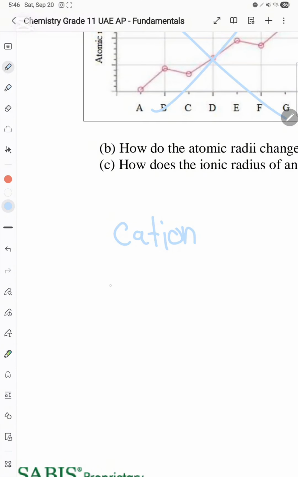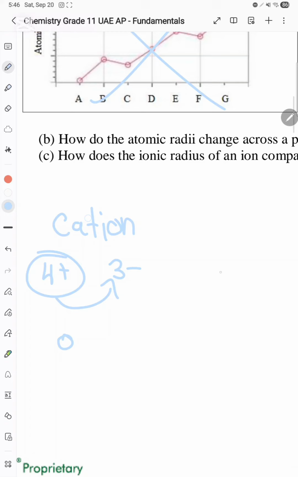Let's say you have 4 plus positive charges and only 3 minus negative charges. These 4 plus can pull in these 3 minus way more. It's overpowered, so it's going to get smaller than it's supposed to be. In the atom, when they're balanced, like 4 plus and 4 minus, it's average size.